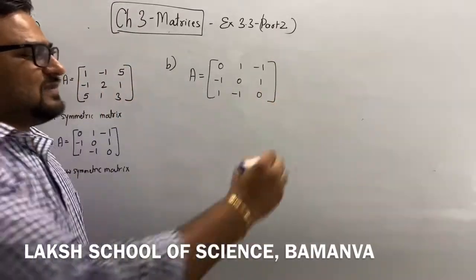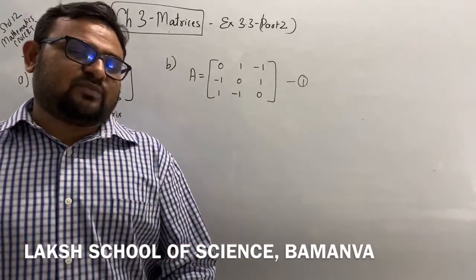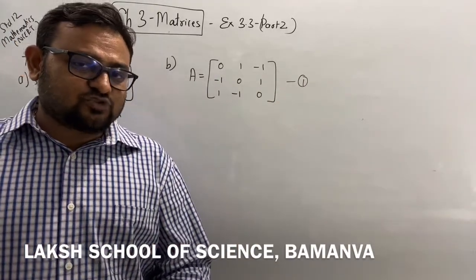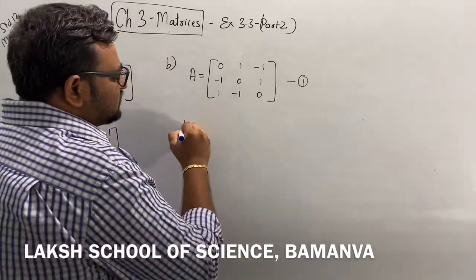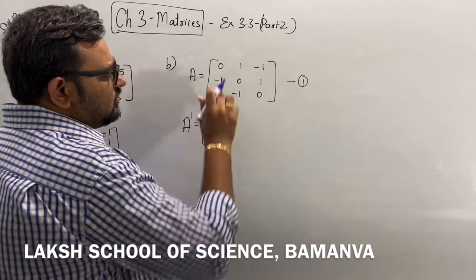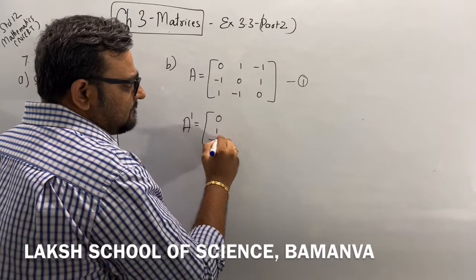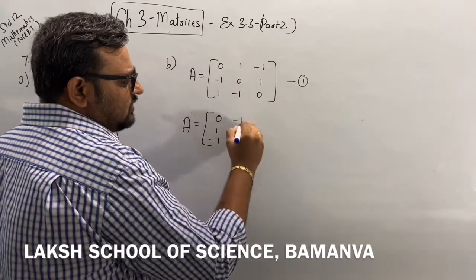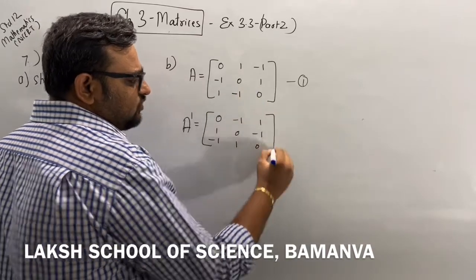So this is matrix A. Now we have to show that it is a skew symmetric matrix, so its transpose would be the negative of this. Let's check it. Now A transpose will be equal to 0, 1, minus 1 converted into a column, minus 1, 0, 1, 1, minus 1, 0.